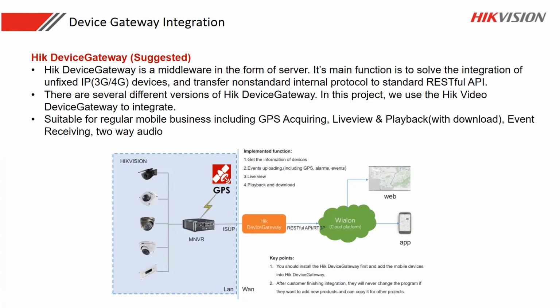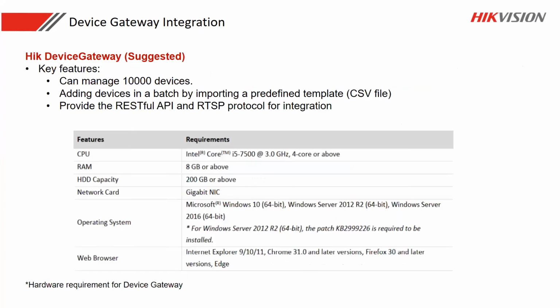Okay, just go to the next page. So here we show some key features of the Hikvision device gateway. For example, you can see that one device gateway can manage more than 10,000 devices, and you can add devices in a batch way. And of course, we provide a RESTful style API and a standard RTSP protocol for integration.